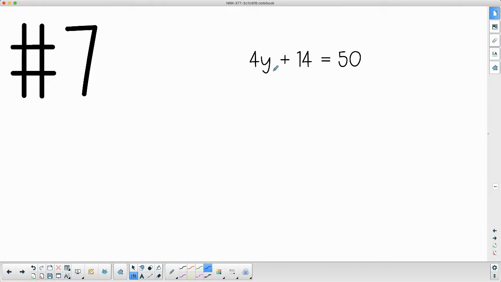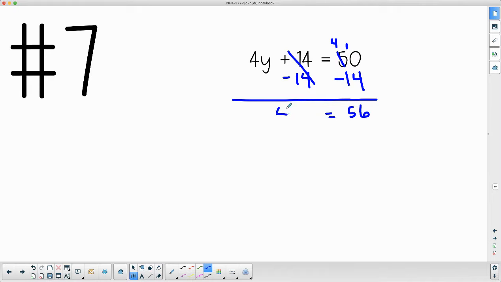Number 7, again, we're solving for y this time. Working backwards, we need to do the opposite of adding 14. So there's that part. We'll have to borrow here, which is 4. 10 minus 4 is 6. 4 minus 1 is 5.